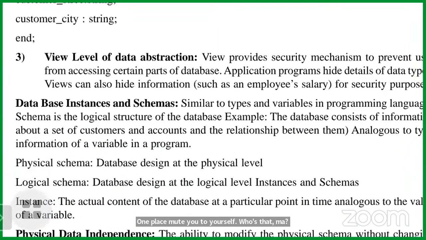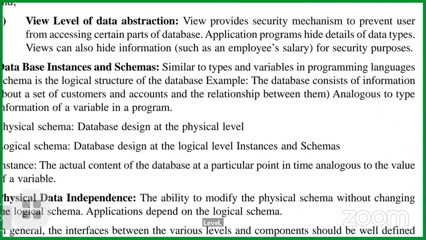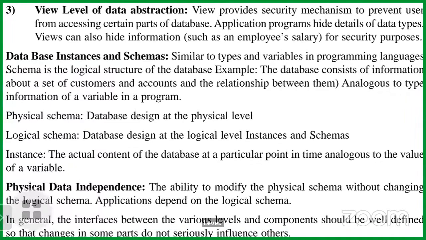So given the view level, what does view level mean here? User level is called the view level. Now he has given here database instance and schema.